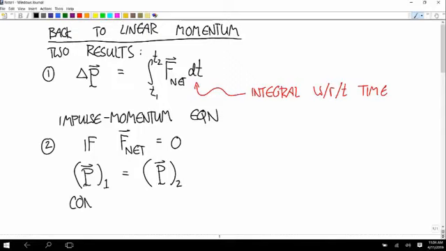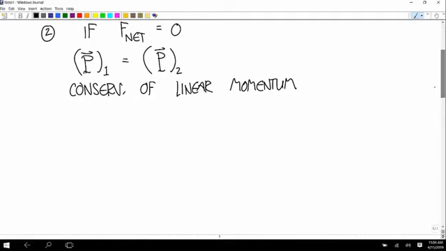That's conservation of linear momentum. And we started a problem last time. Now we'll go through it.